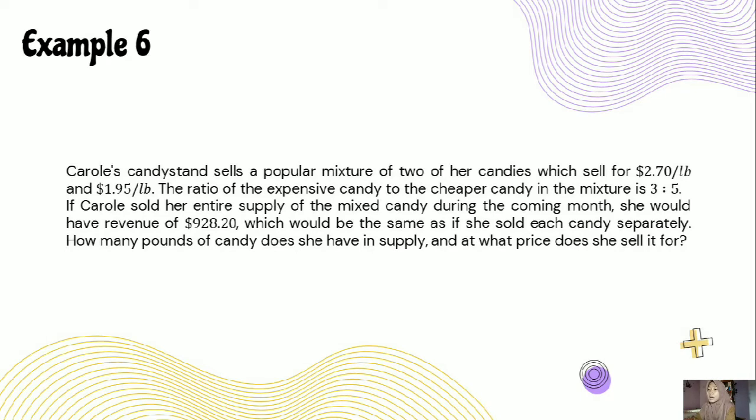If Carol sold her entire supply of the mixed candy during the coming month, she would have revenue of $928.20, which would be the same as if she sold each candy separately. How many pounds of candy does she have in supply, and at what price does she sell it?